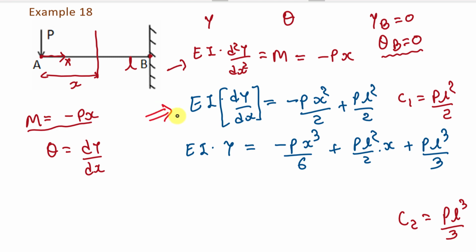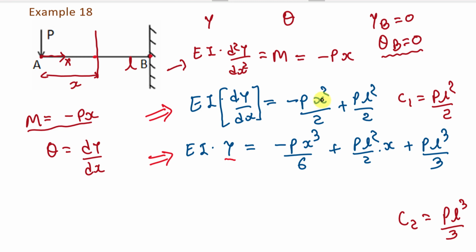From this equation we can find the value of theta, that is dy by dx, which is the slope in the beam, and from this equation we can find the value of deflection, that is y, and we can find the value of slope and the value of deflection at any point in this beam. For that we have to vary the value of x. If we want to find the value of deflection at point B, then we have to put x is equal to L. If we want to find the value of deflection at the midpoint of this beam, then we have to put x is equal to L by 2.